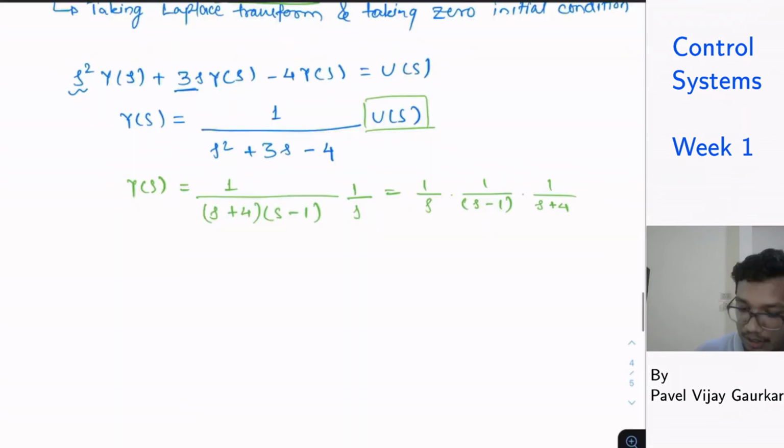So now if we take inverse Laplace transform, just give me 1 second.